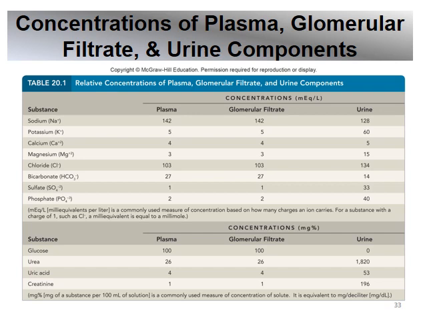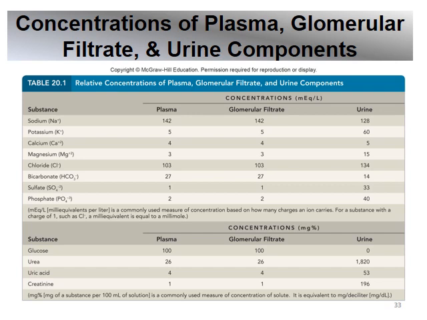So if we go down to the substance down here, you see we have glucose, plasma is 100, glomerular filtrate's 100, urine's 0. That means that even though we filter 100% of the glucose, none of it is going to end up in the urine. It actually takes a blood sugar of greater than 180 milligrams per deciliter to end up with glucose in your urine.